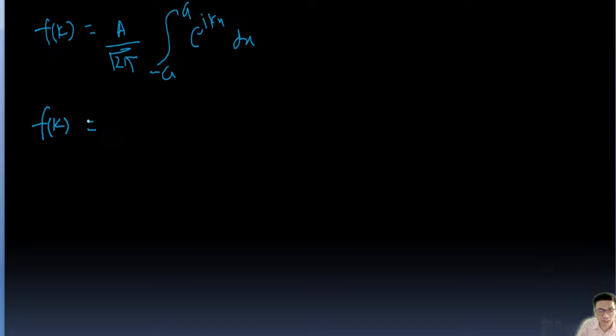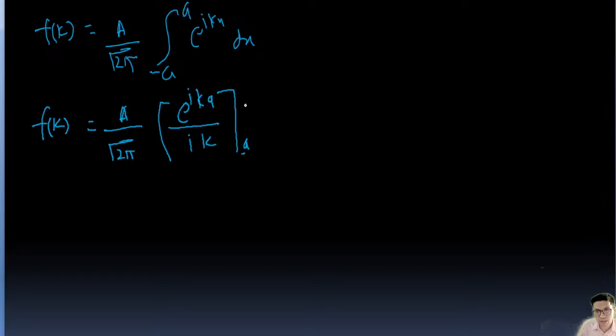So the f(k) value is going to be a upon root 2 pi. This integration we know, so this is going to be e to the power iota kx upon iota k, from minus a to a.